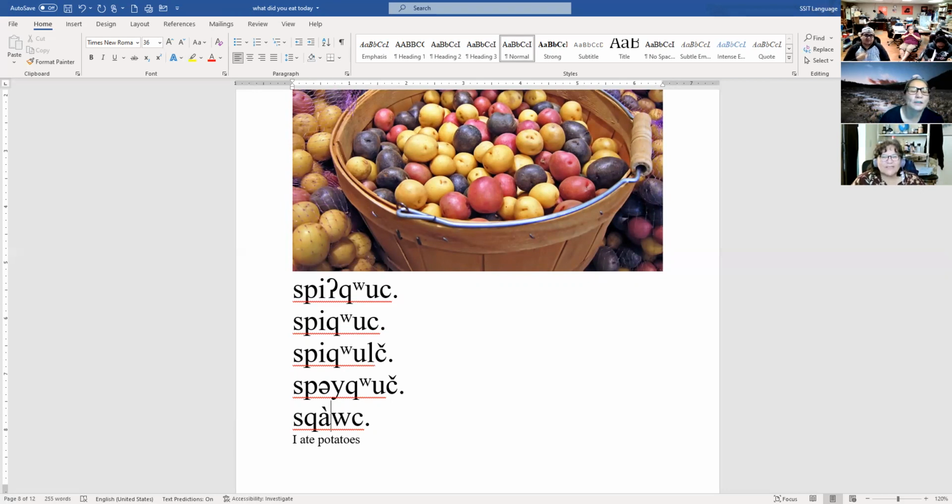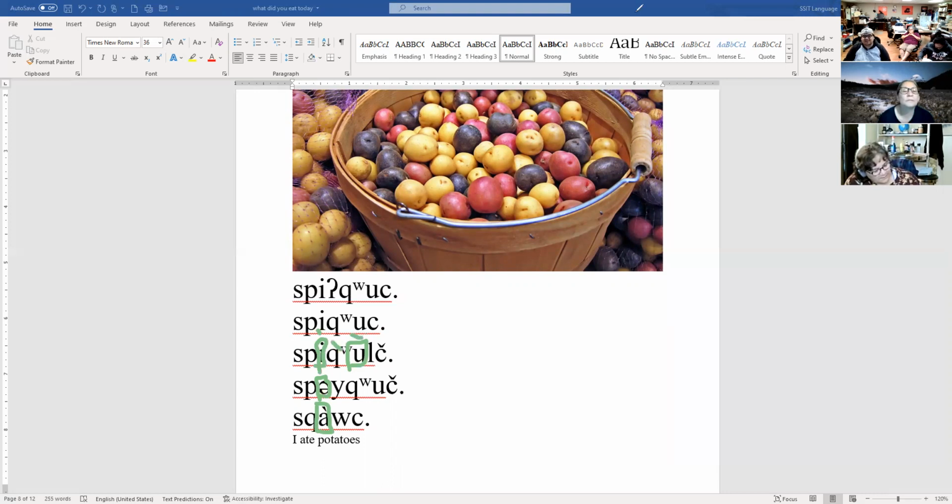So this marker over the A, if you ever come across a marker over a schwa, and U, and I, these are the three that little marker can go over, or it could also go over a vowel.